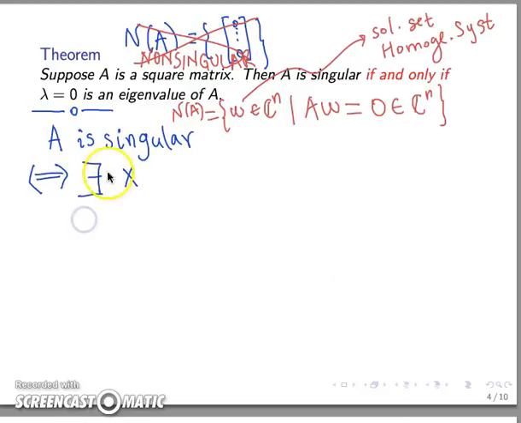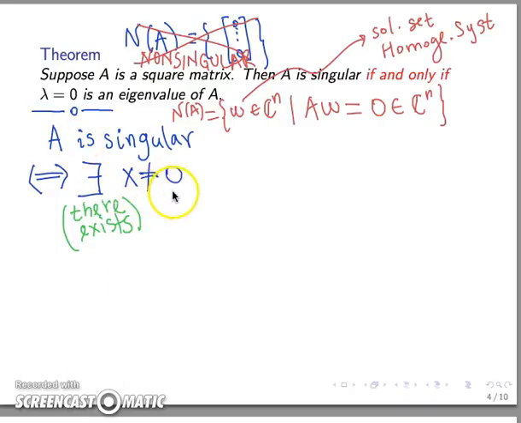If the matrix is singular, so the matrix is singular if and only if there exists X. Remember this symbol, which looks like the letter E, means there is or there exists. There exists a non-trivial vector X.